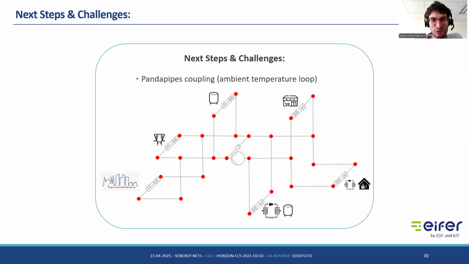So I'm trying to make a Panda Pipes model that is more complex than the one I have for now, where every system, so the storage, the commercial center, the office, the domestic hot water, the dry coolers, and the connection to the CPCU, are all different prosumer systems connected to the same Panda Pipes network. This is still a challenge for now, to connect so many different complex systems to one network. But we are working on it.